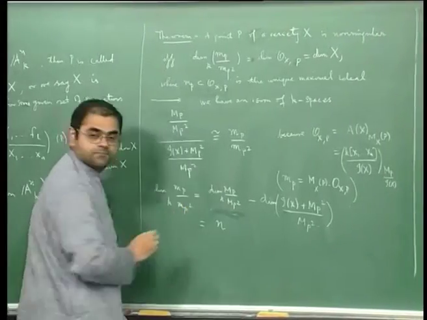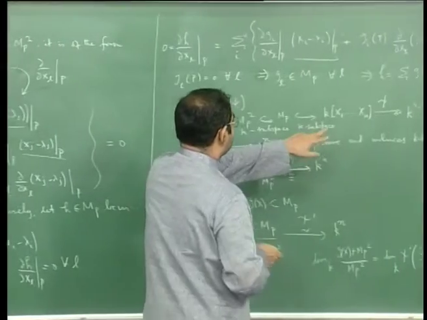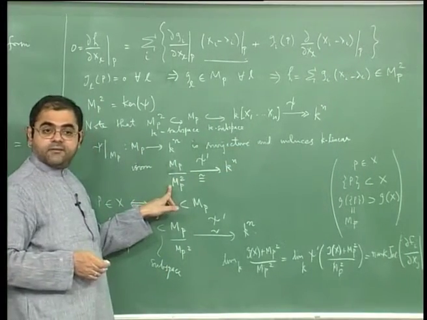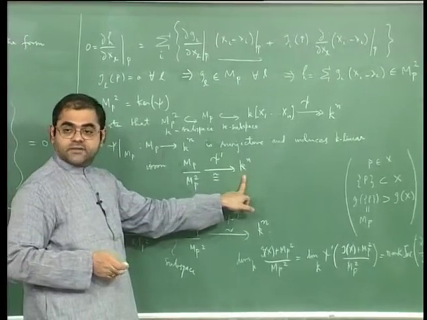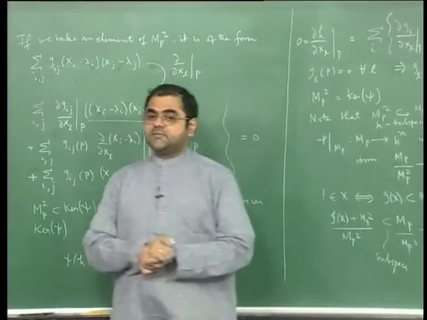This is n dimensional, because we have already proved capital MP mod capital MP squared is isomorphic to k^n as vector spaces. Therefore its dimension, because of the isomorphism psi prime, is n.